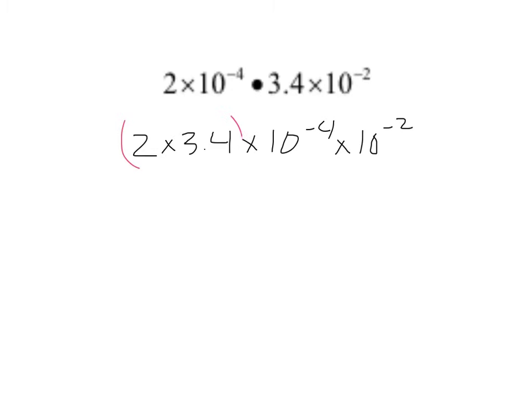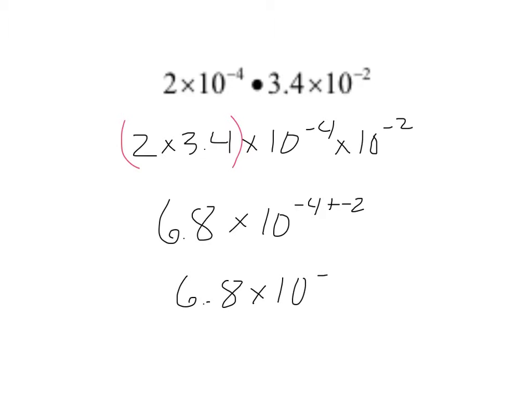Then we can use the associative. 2 times 3.4 is 6.8. And we have 10 to the negative 4th plus negative 2nd gives me 6.8 times 10 to the negative 6 power. Alright, so multiplication and division are a whole heck of a lot easier because you don't have to worry about making sure that they have the same exponents first.